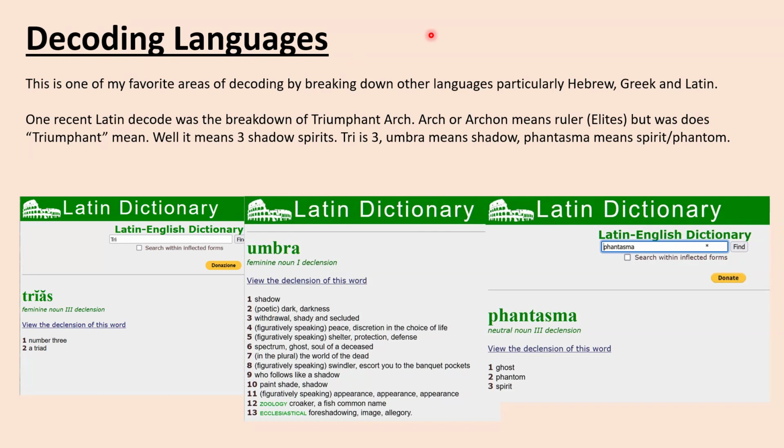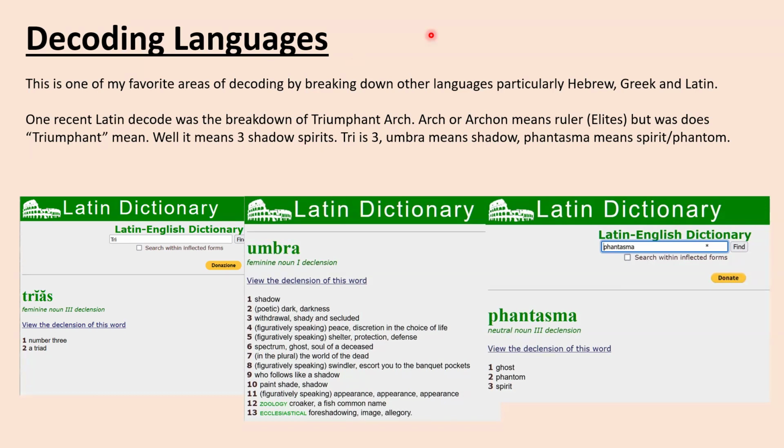But let's look at the actual wording of triumphant arch. Arch or archon means ruler or the elites. But what does triumphant mean? Well, it means 3 shadow spirits. Well, I believe that's what it means.